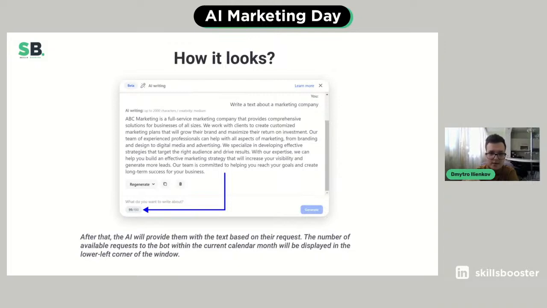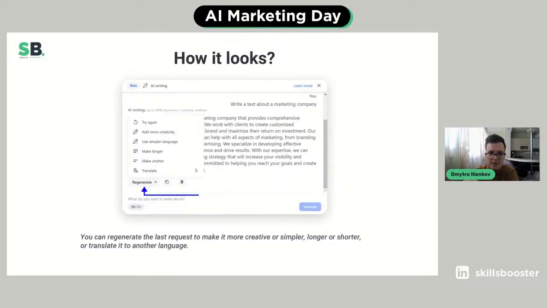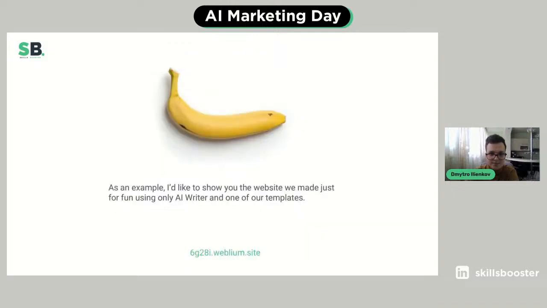And after that, when you have generated the text, you can either copy it by clicking the copy button, or you can regenerate it. And once again, you can just regenerate it with the same request, or you can make it longer, shorter, put it in simpler words, or add some formal speech to this text.